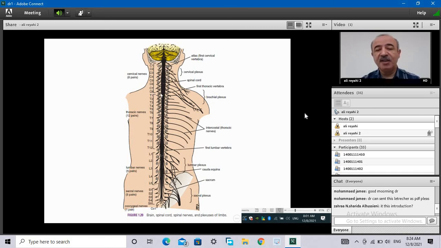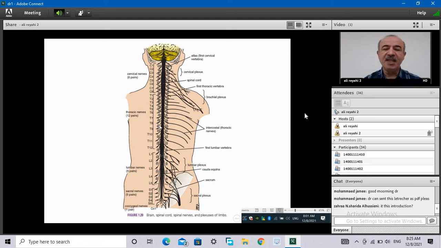In the thoracic part of the spinal cord, there are 12 segments, with 12 pairs of nerves called T1 to T12. In the lumbar region, L1 to L5. In the sacral region, S1 to S5, and only 1 pair of coccygeal nerve.